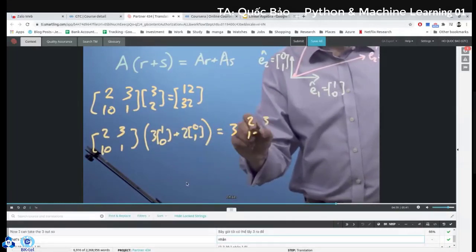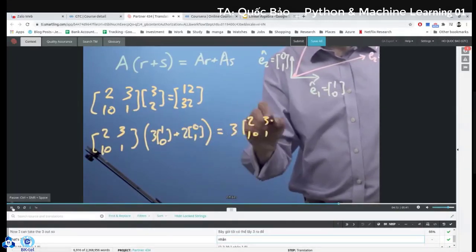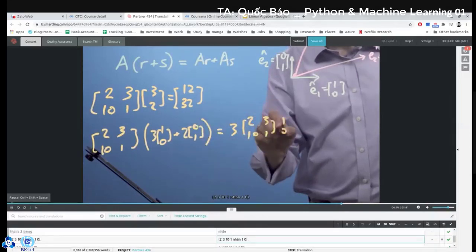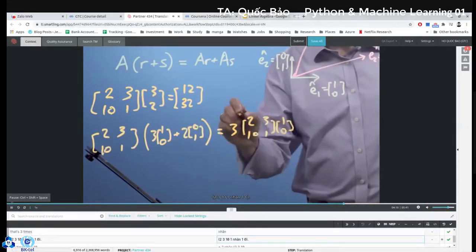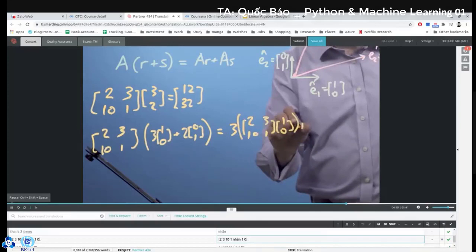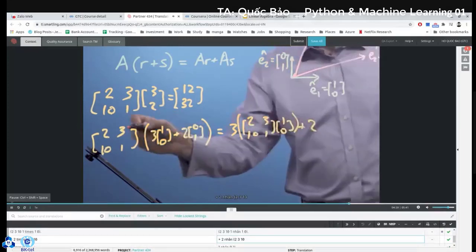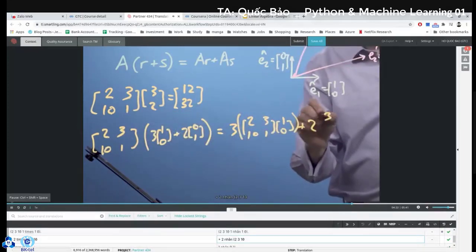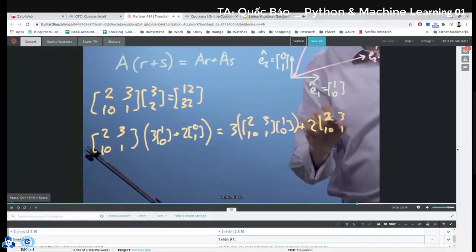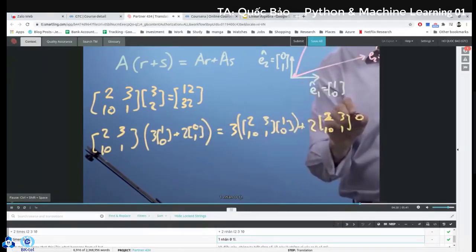Thầy lấy số 3 ra ngoài. Plus 2 times, và lấy số 2 ra ngoài, 2, 3, 1, 0, times 0, 1.